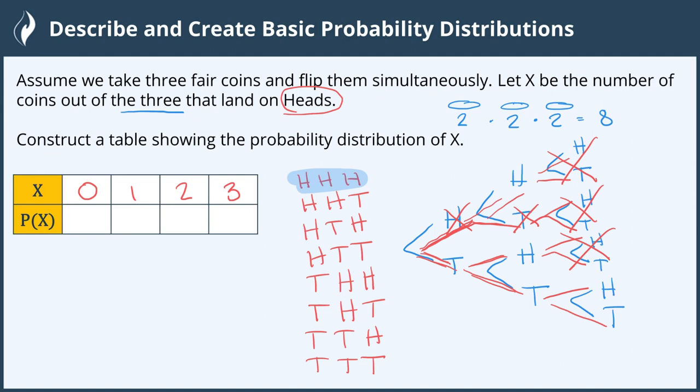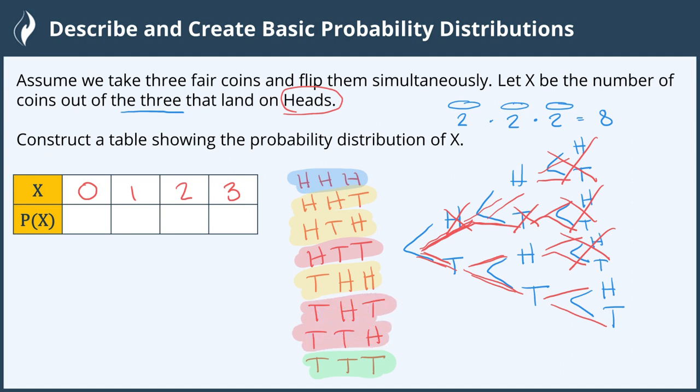The 3 coins that are showing a tail are here, so there are no heads. And in between those, we have the option of 1 or 2 heads. So here I have 2 heads, 2 heads, and 2 heads. And then I have 1 head, 1 head, and 1 head.